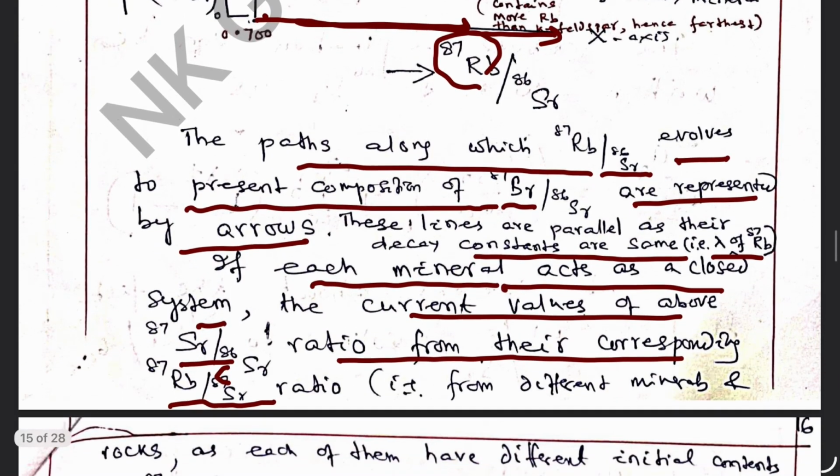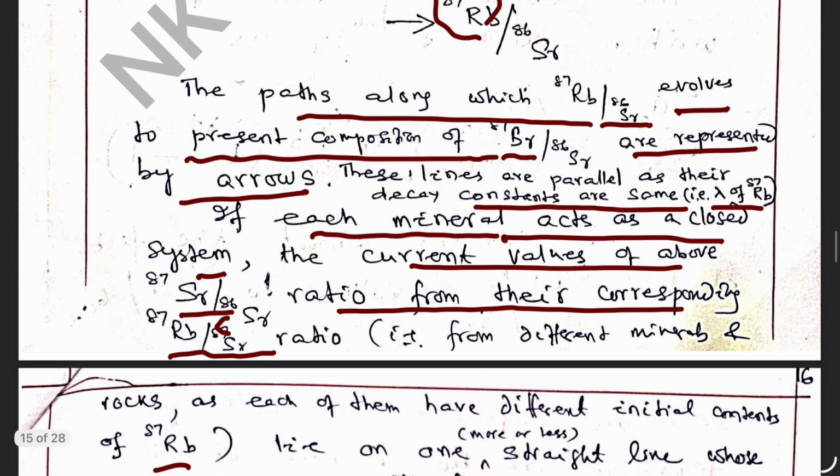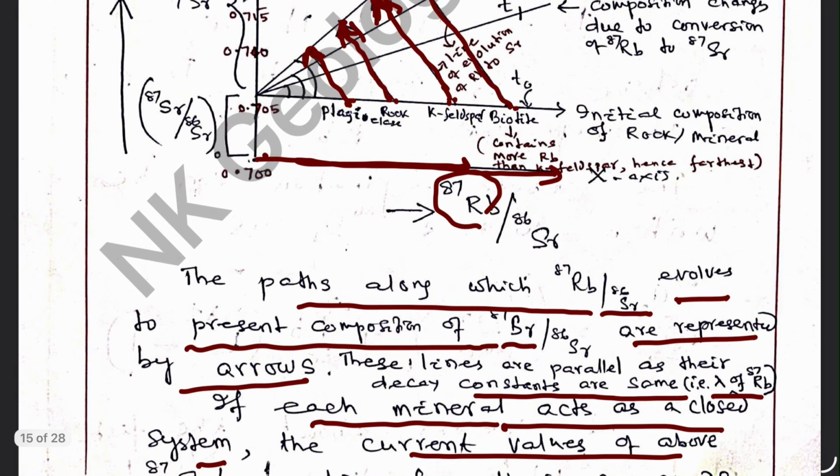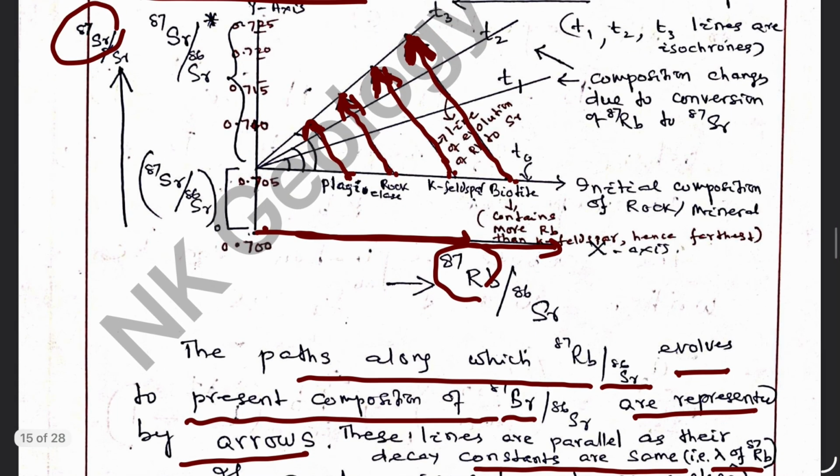But after a particular period of time, if we take the strontium 87 by strontium 86 ratio of the rocks and minerals at present time, they lie in one straight line.